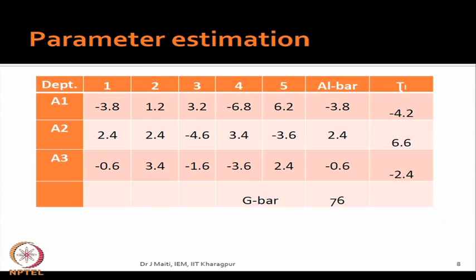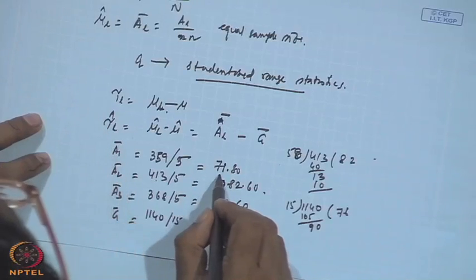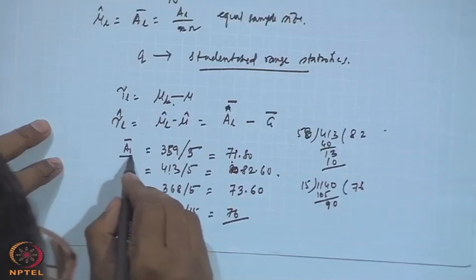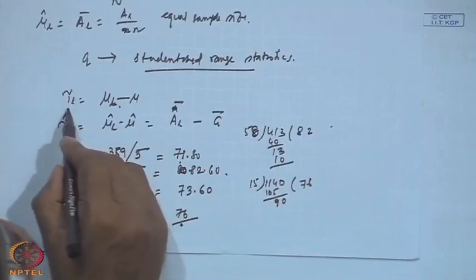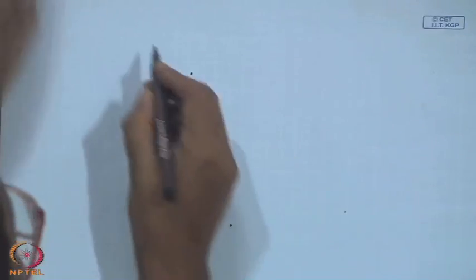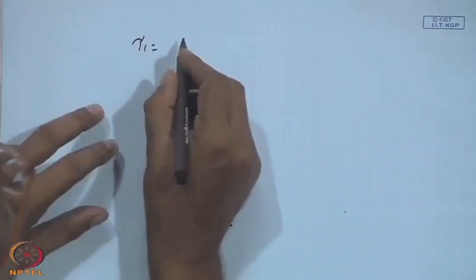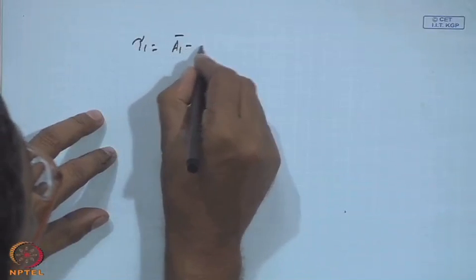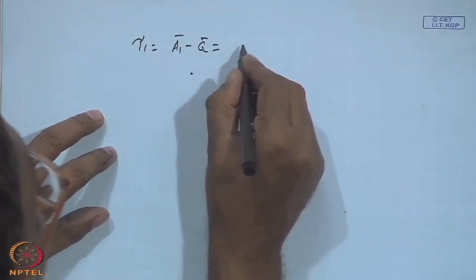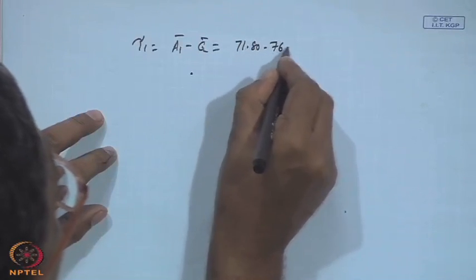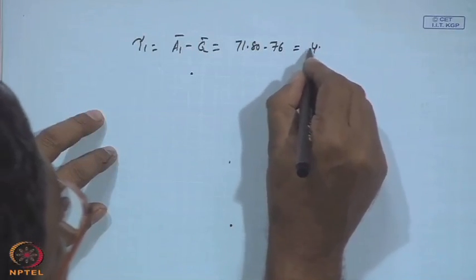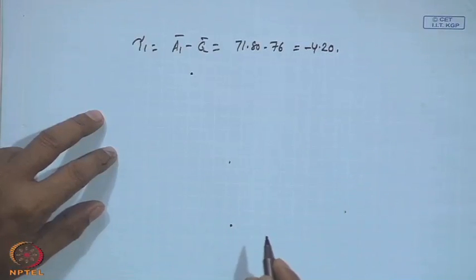Now you come to these values here. A1 bar is given, G bar is given, the difference is tau 1. So, what will be my tau 1? Tau 1 will be my A1 bar minus G bar, which is 71.80 minus 76, that is minus 4.20. Okay.